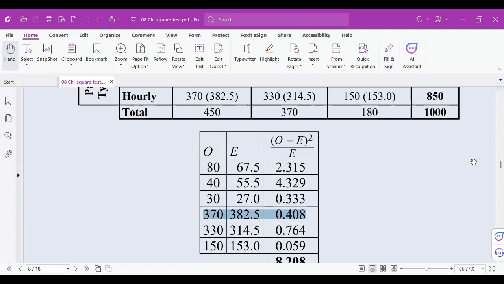So my answer is correct. Let's do the last but one and check whether my answer is correct for that one as well.